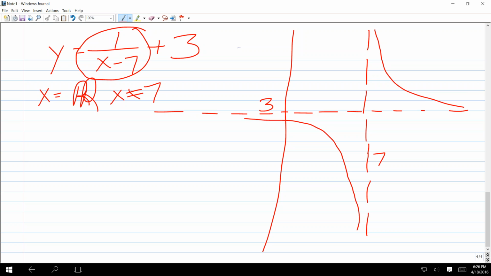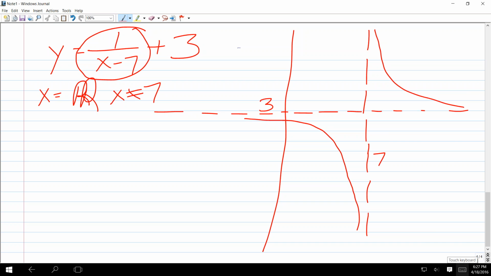And if you can't make this part of it 0, then you can't make the whole thing 3. So there is no value of x that allows y to be 3. So the range, again, you could say all real numbers except y equal 3.